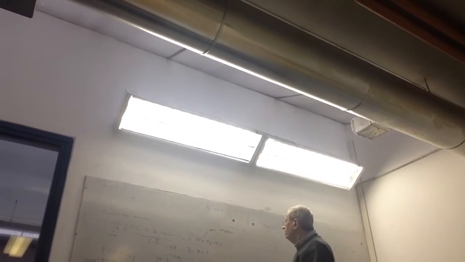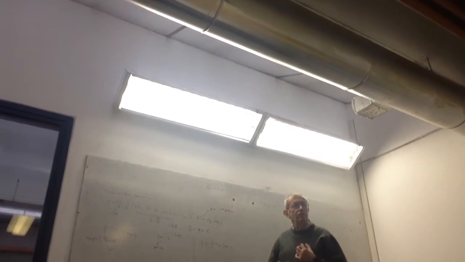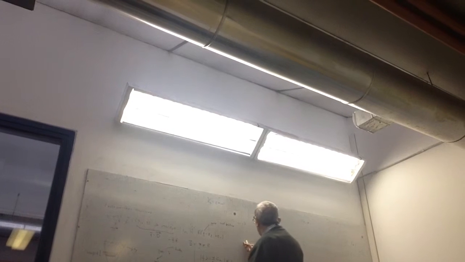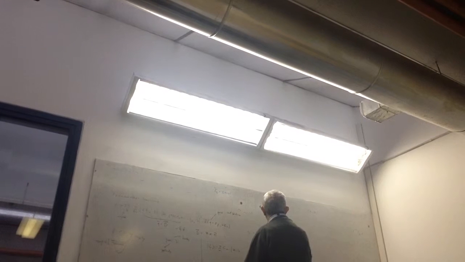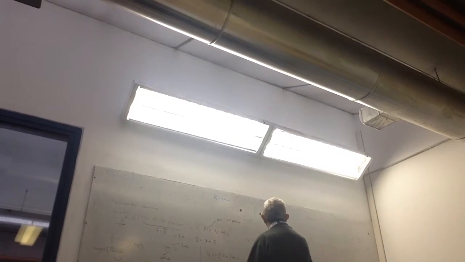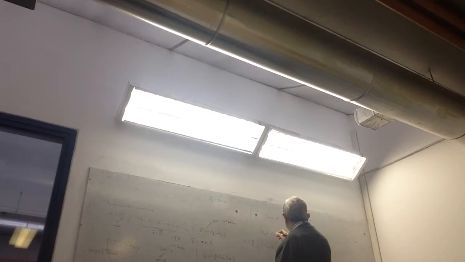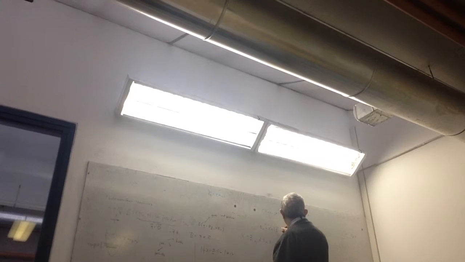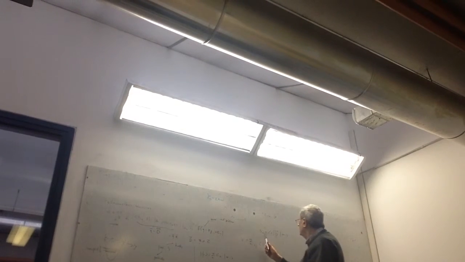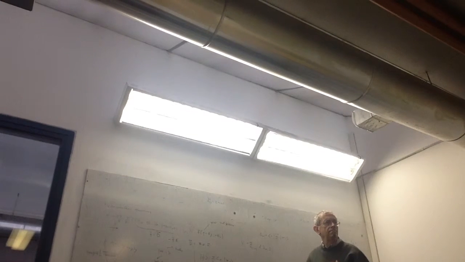The second point, which is very difficult to accept, is the fact that the potential V can be written in this form, where D is the matrix element of the dipole.